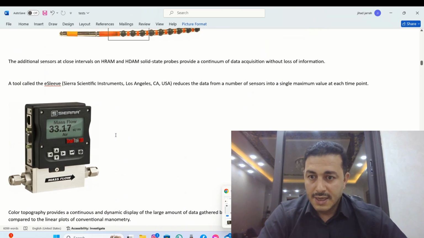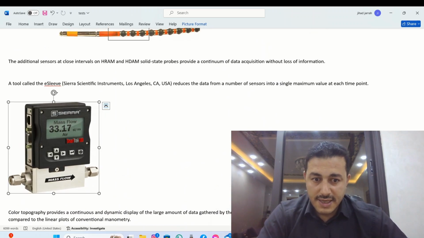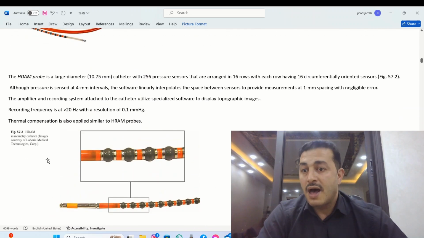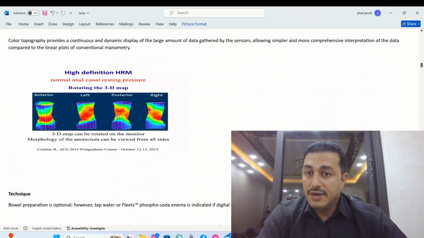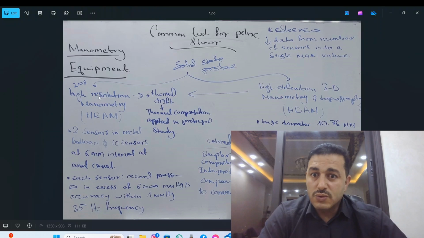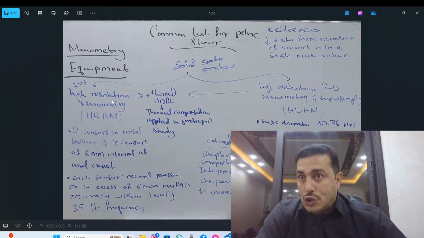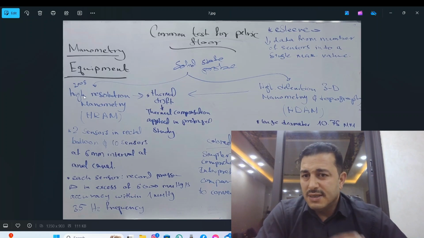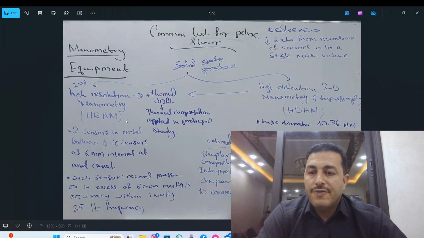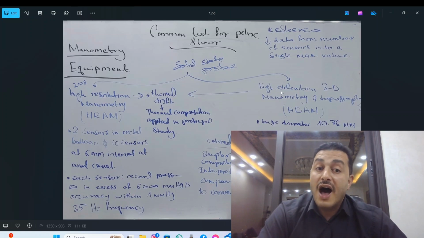Okay, we will talk about the e-sleeve, but first let's compare. This is the high definition and this is the high resolution. The high resolution, invented a few years ago in 2008, is actually not full of sensors like the high definition.